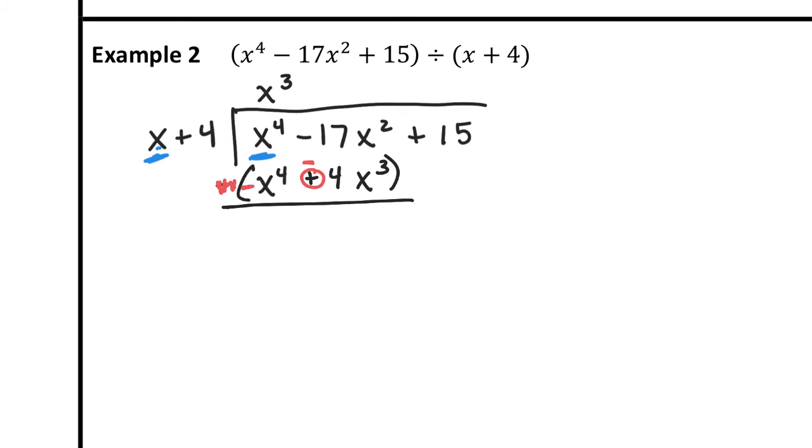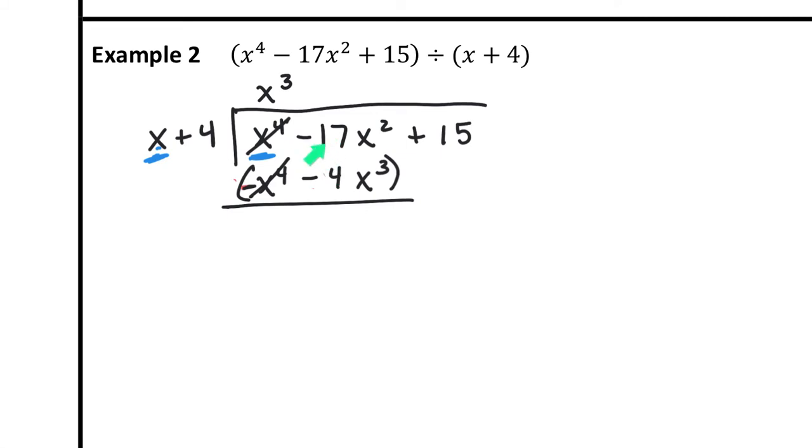Right? So we're going to have negative, negative. Okay, so x to the 4th and negative x to the 4th are going to cancel.